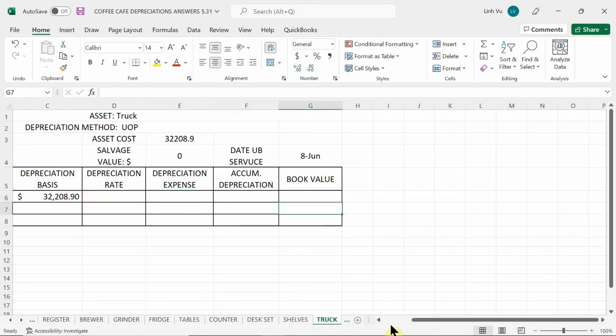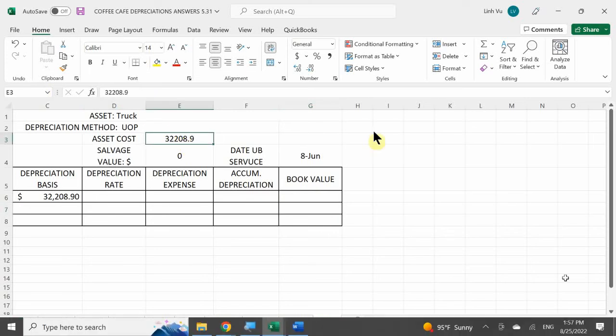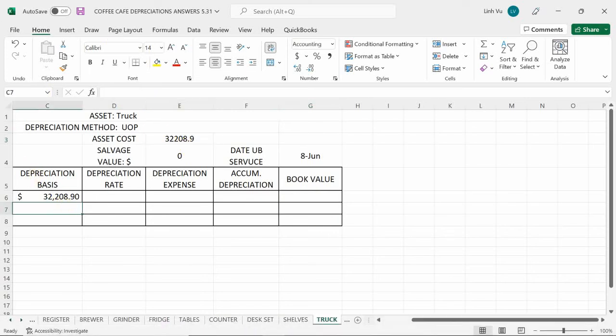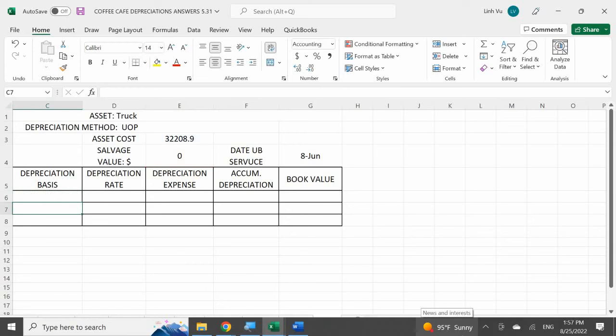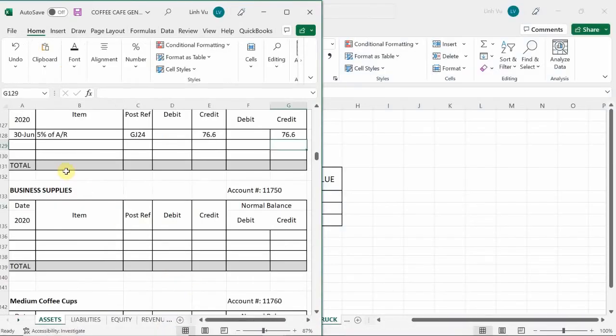So, first things first, where am I going to find the total cost of the asset? On ledgers. Good. We're going to have to use our ledger to find and identify every single item on this list. So I need to look for my truck.